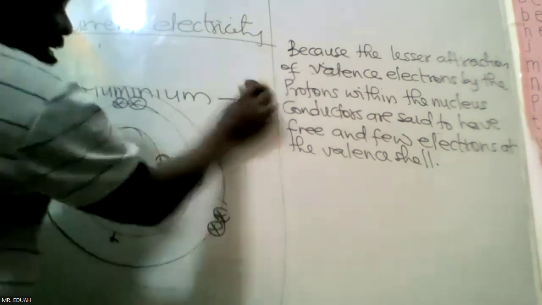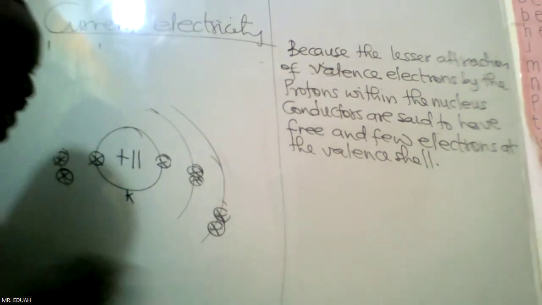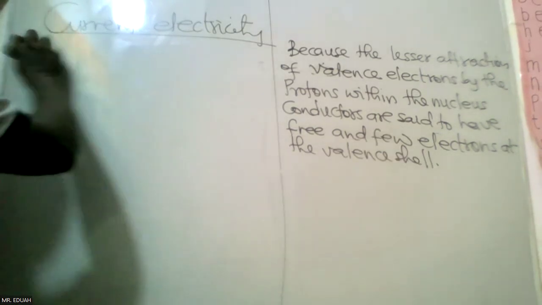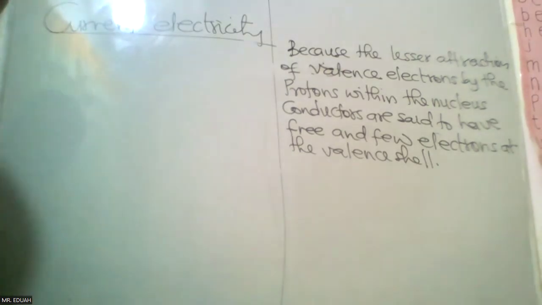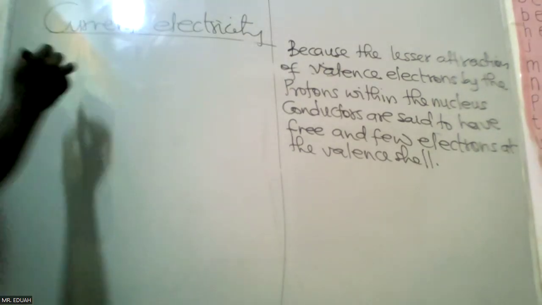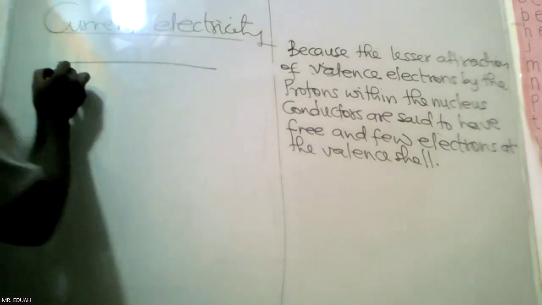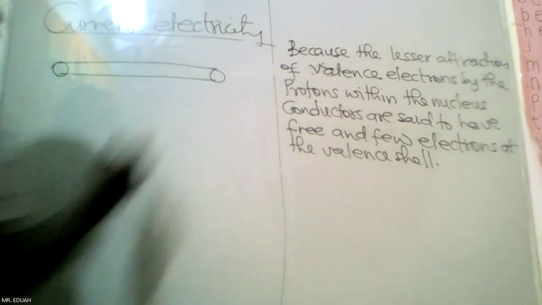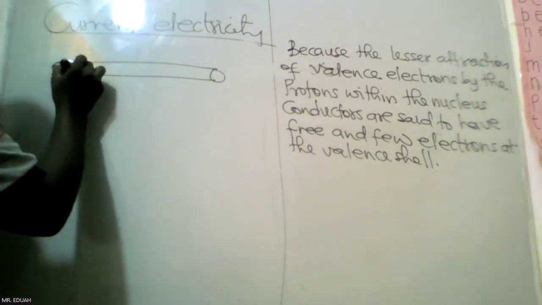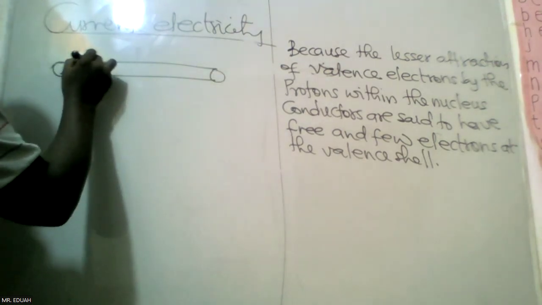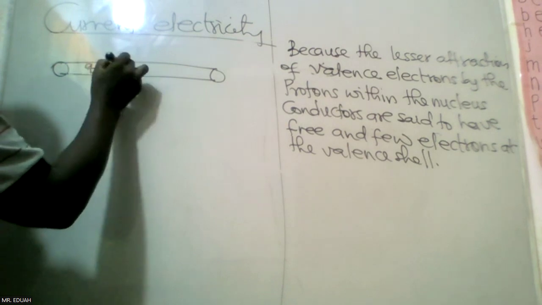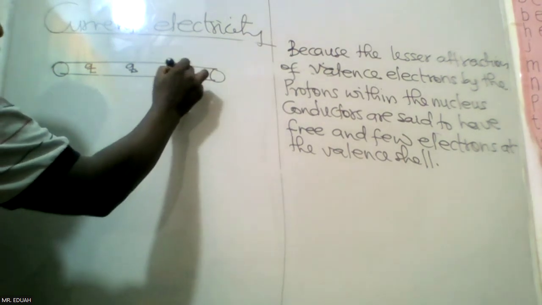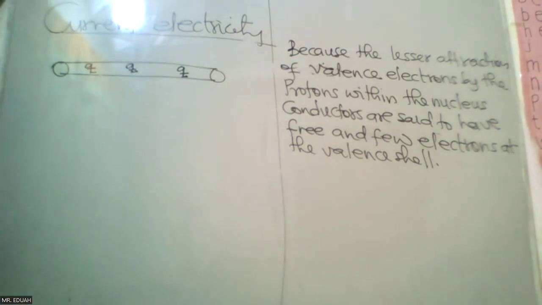Now, when the valence electrons move, then we talk about electric current. I'll come to that. So, if this is a conductor, a wire, the conductor naturally has free electrons, which we represent here as charges.